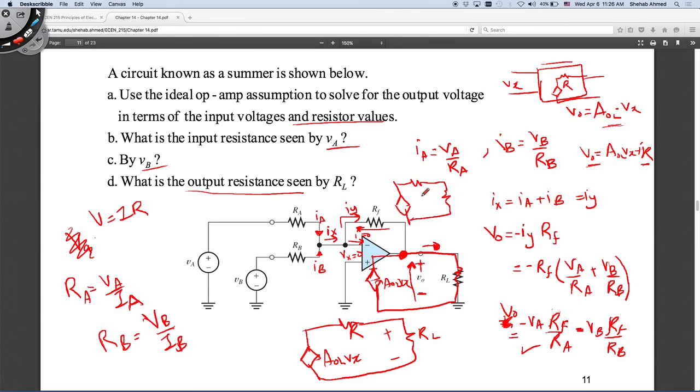If this was my circuit, with RL here and an R here, and this was my output voltage, and this was my current, I. What is the output over I equal to?